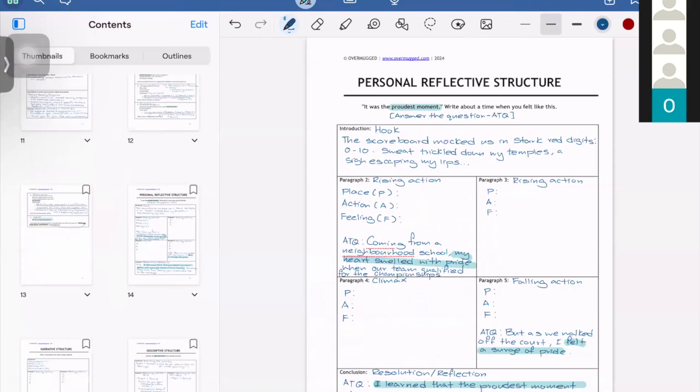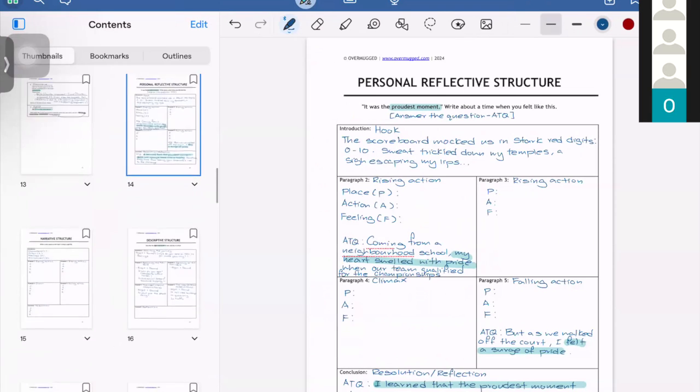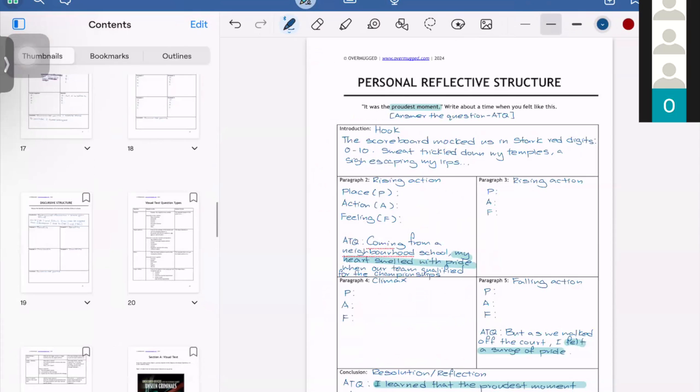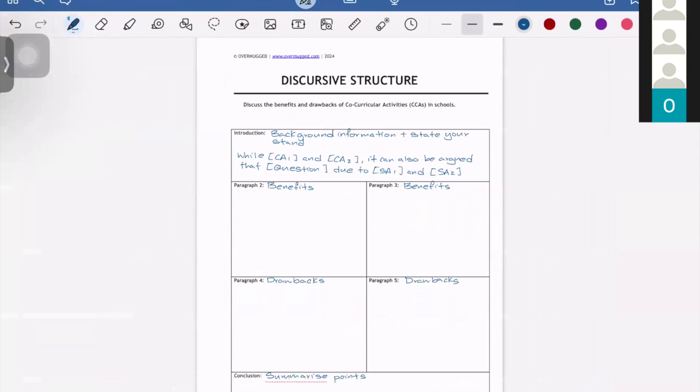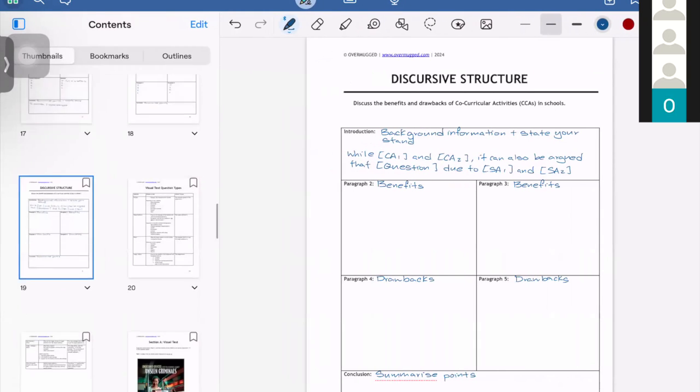Number 6 should be discursive essay. Okay, I'm going to continue on.